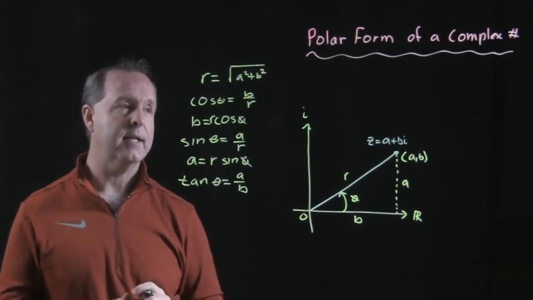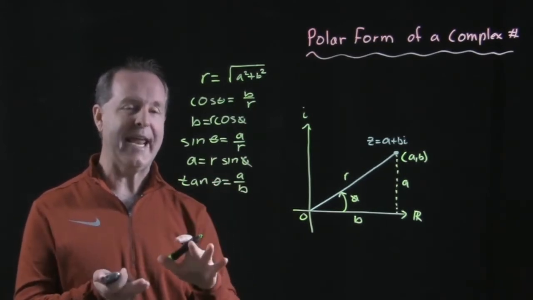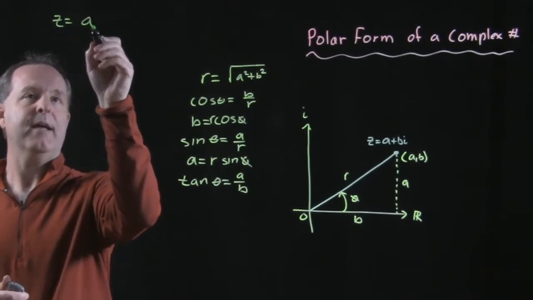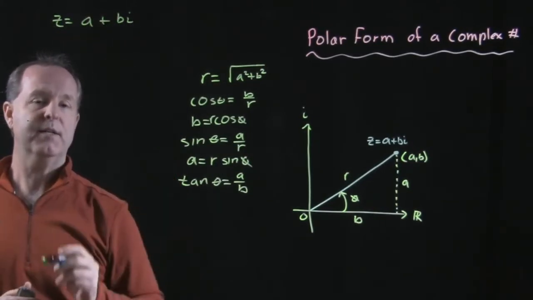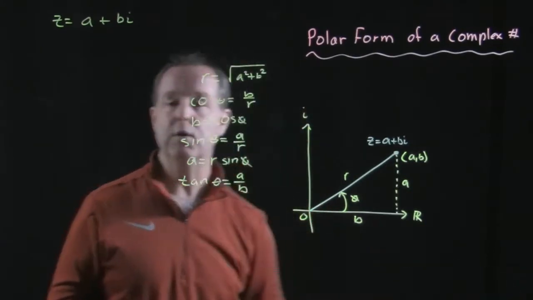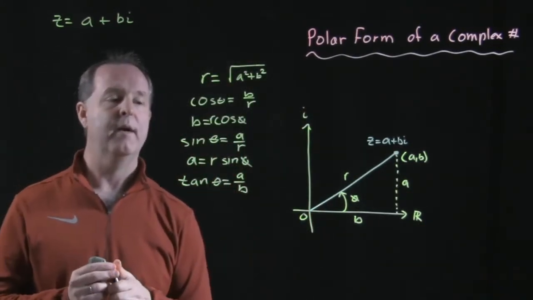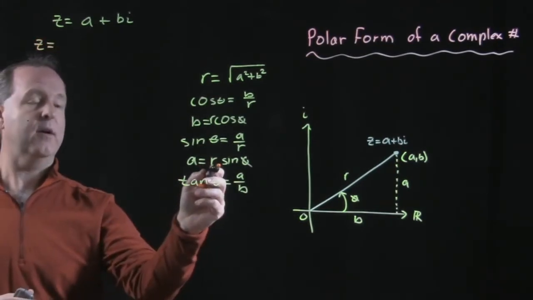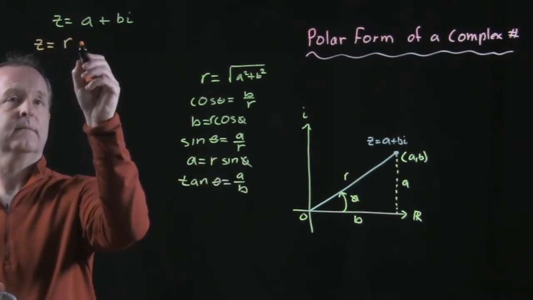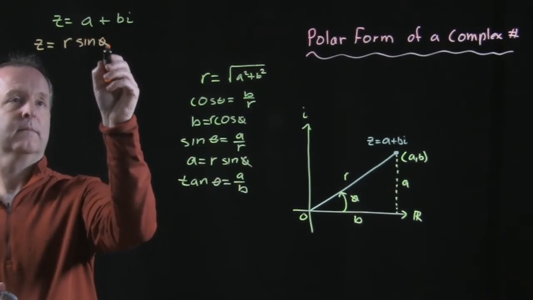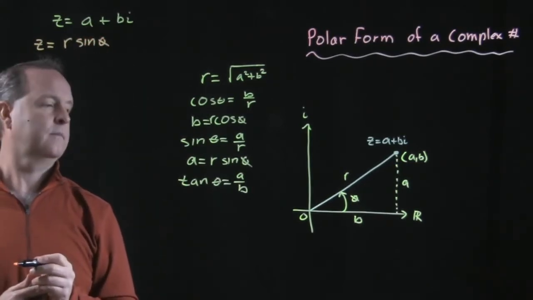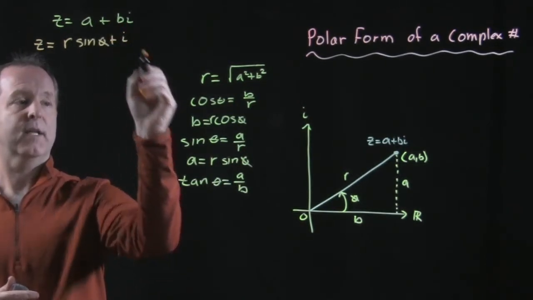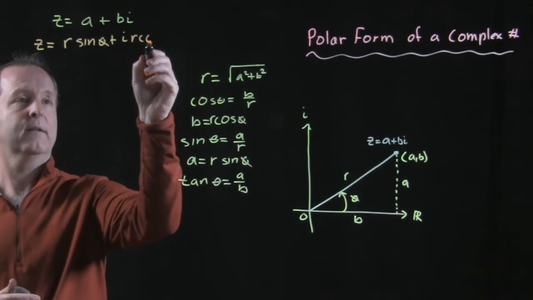So let's use that then, and let's rewrite our rectangular form. Our rectangular form, z equals a plus bi, let's rewrite that into polar form, where now I have a defined right here as r sine theta, and then plus an i, I'll put the i first, and then the b, which is r cosine theta.